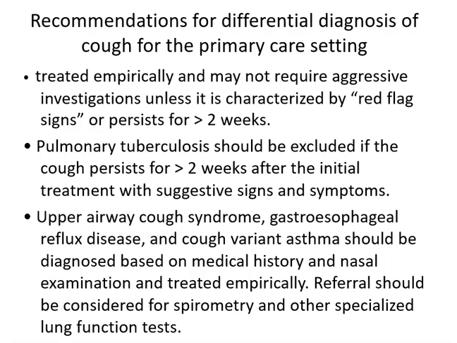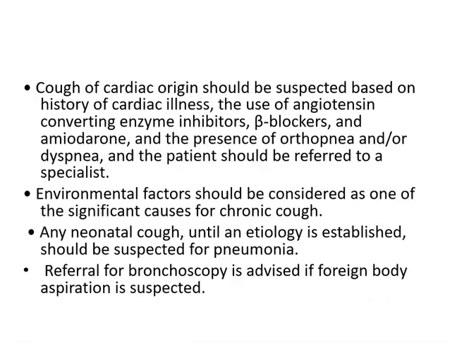When the cough is persisting, we need to go for advanced investigations such as lung function tests, spirometry, and others. A cough of cardiac origin must be suspected when there is a history of cardiac illness or orthopnea, dyspnea, or examination signs such as pedal edema, raised JVP, S3 gallop rhythm, or use of angiotensin converting enzyme inhibitors, beta blockers, and amiodarone.